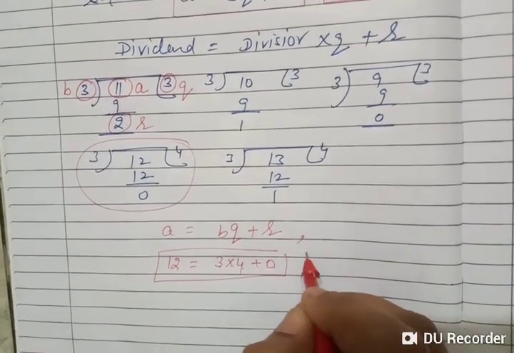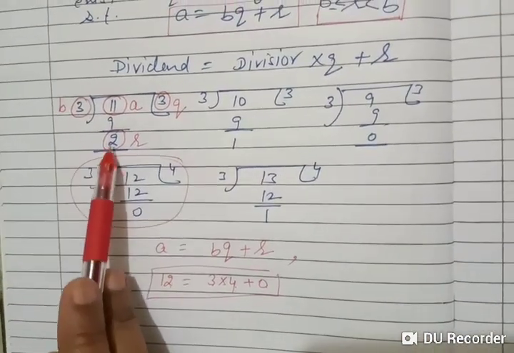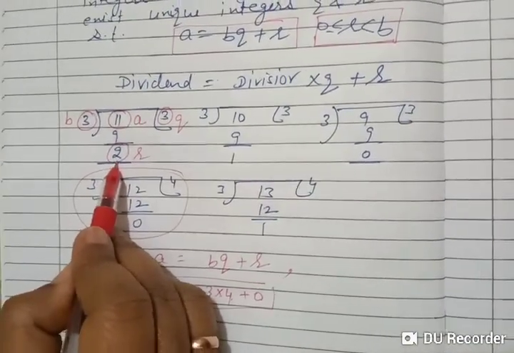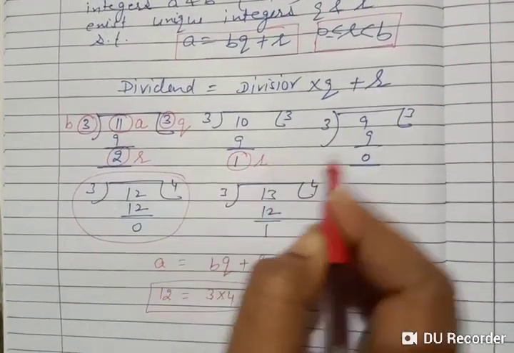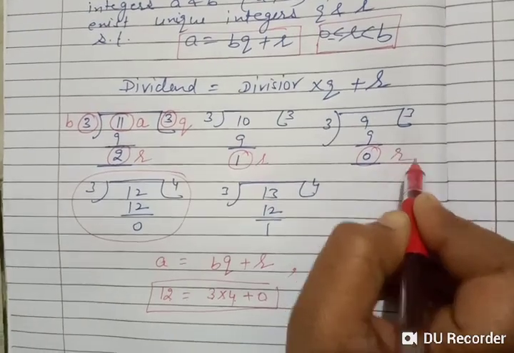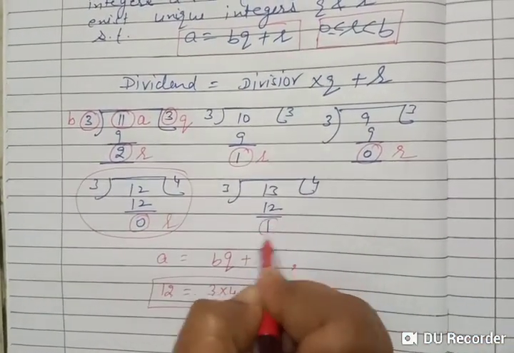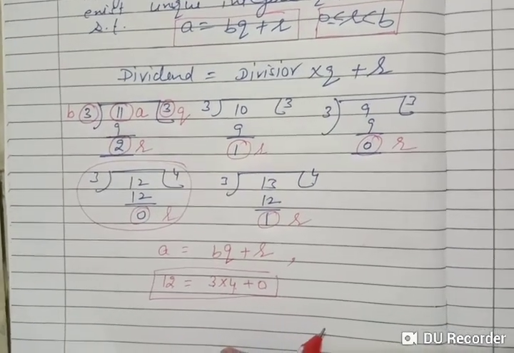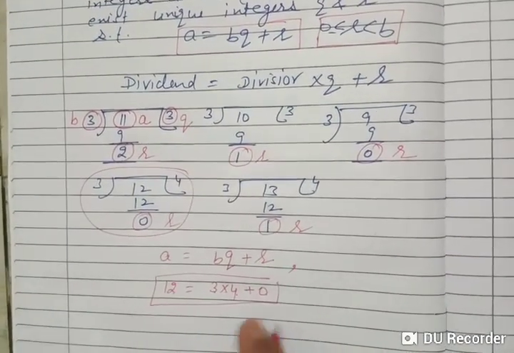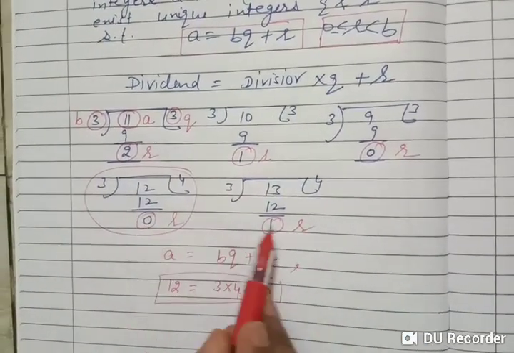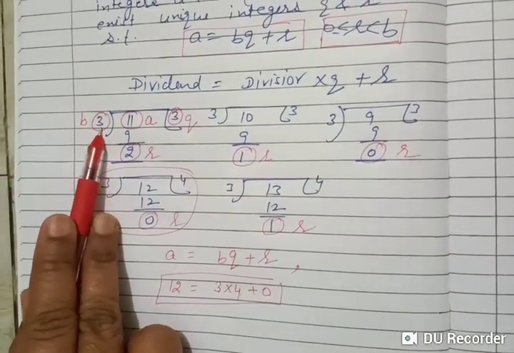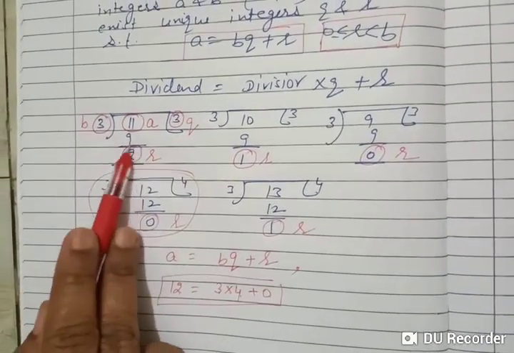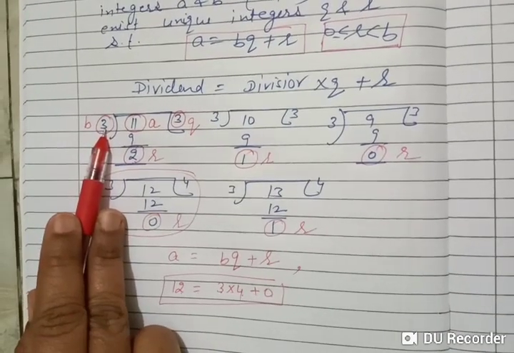Now the condition for the remainder. If you see carefully, when I am dividing any number by 3, remainder can be 2, 1, 0, then again 0, then again 1. You can take any number of 3 digits, 4 digits, 5 digits, you will always get remainder 0, 1 and 2. If we divide a number by 3, we have to stop our division as soon as we get a remainder lesser than 3.